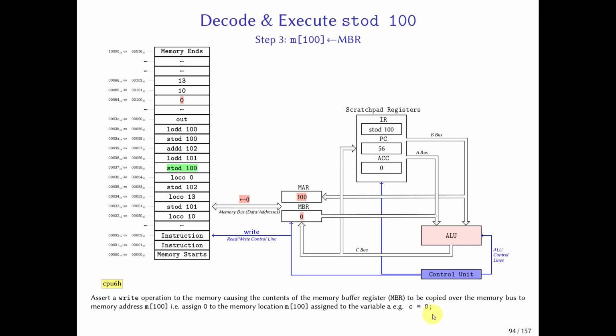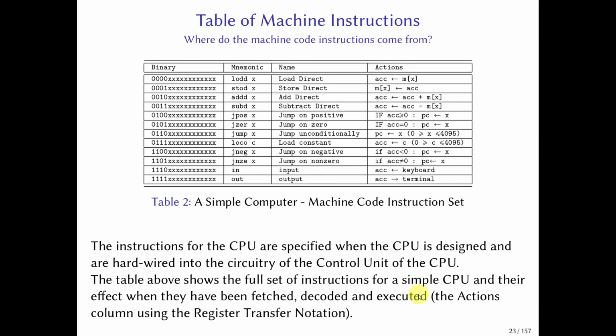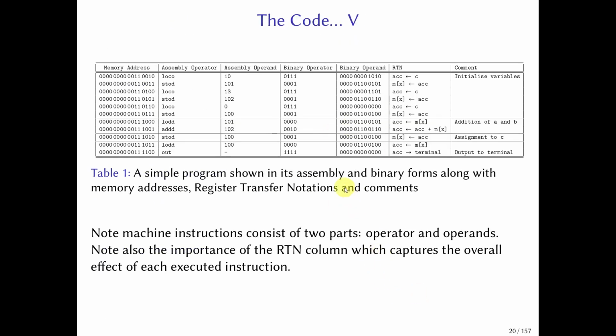So at this point, we've executed 6 of our 11 machine code instructions, and if we go back to a table that we looked at very early on, you'll see that this table tried to capture the meaning of the entire program, all 11 machine code instructions.